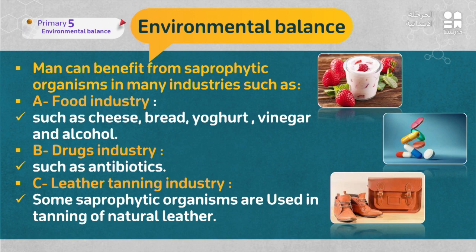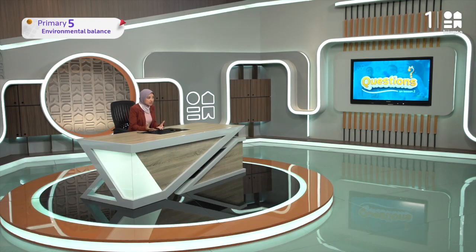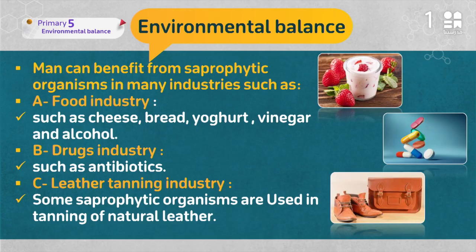Natural leather that we use in making a lot of things that we use in our daily life, such as the picture that we see in here. But دلوقتي فعلا the saprophytic organisms or the saprophytism keep the environmental balance and also we benefit from it. بنستفاد بيها من الfood industry, also in the drugs industry and the leather tanning industry.